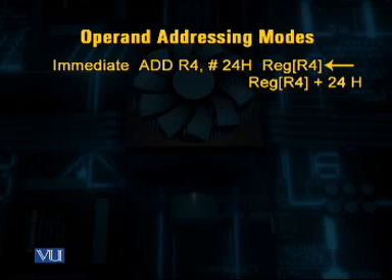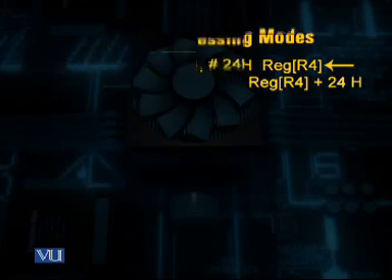This hash 24 hex represents the immediate value 24 hex, which is one of the operands, and the instruction specifies that the contents of the register R4 will be added to the immediate value, which is 24 hex, and the result will be placed in register R4.